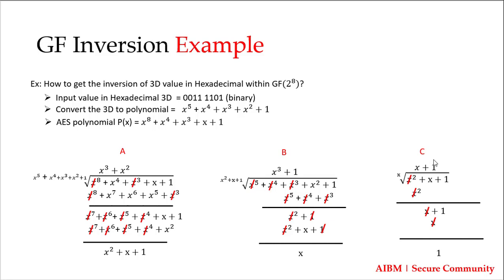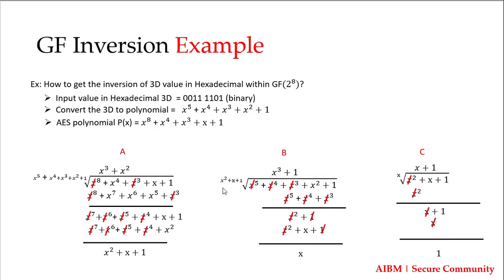In the C operation, we will divide the A result by the B result, and the final result will be 1. When we get 1, that means it's correct. We can continue.